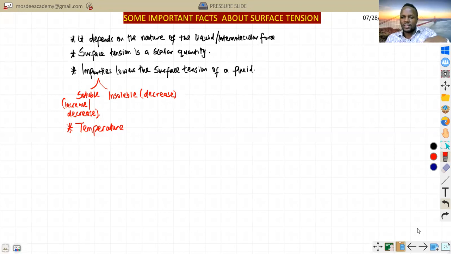What I'm saying in essence is that the effect of temperature on surface tension is what? Temperature, we can say temperature increases. Let's put that down. The surface tension, I'm writing as ST, of a liquid increases to a critical point.